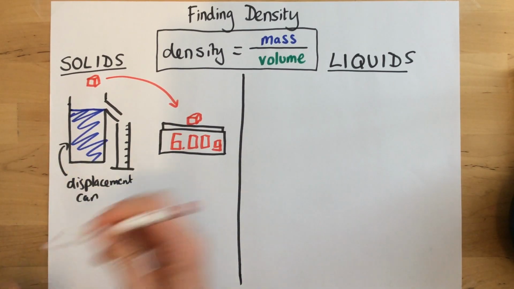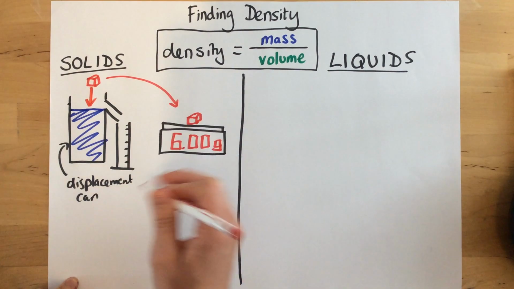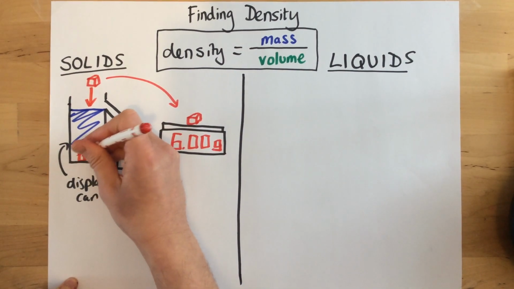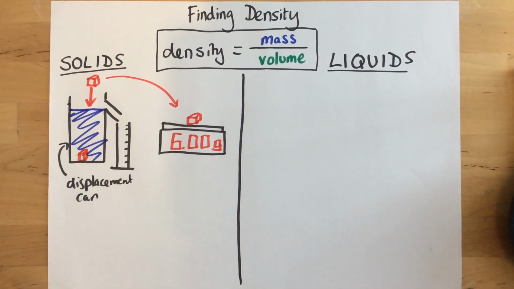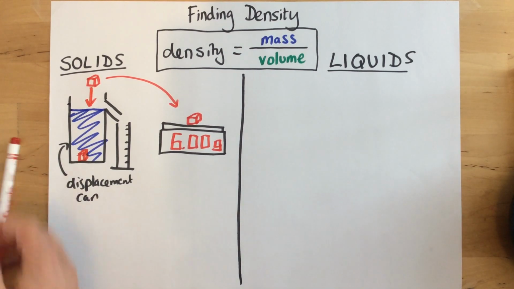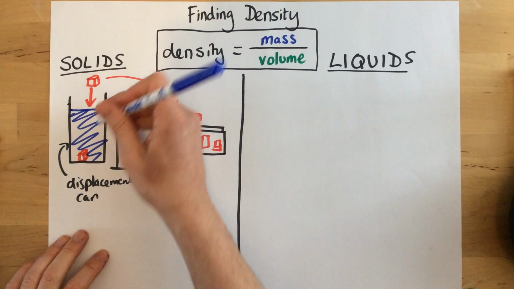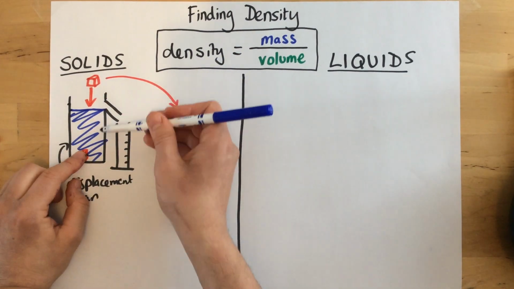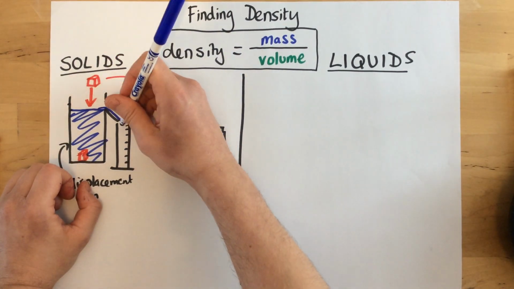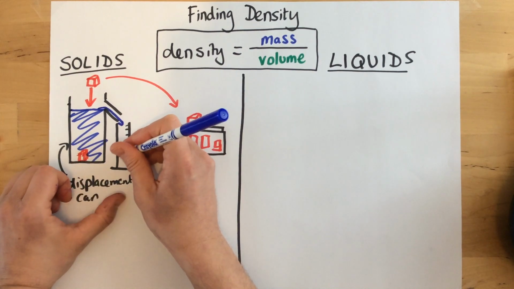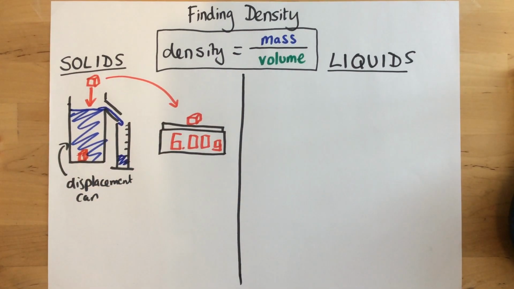What I then do is put my cube into the displacement can full of water. Now what will happen is the cube will displace some of the water, i.e. it will cause the water level to rise, and that water will flow out of here into my measuring cylinder.